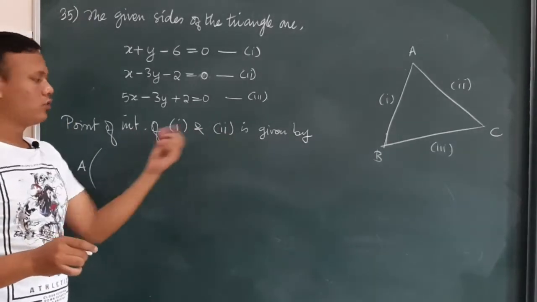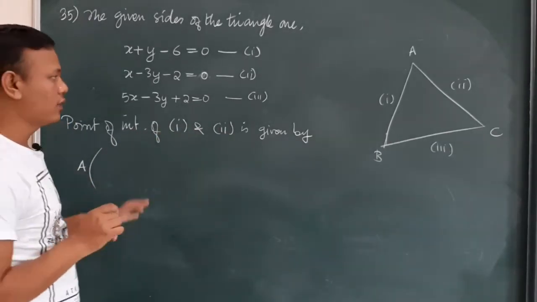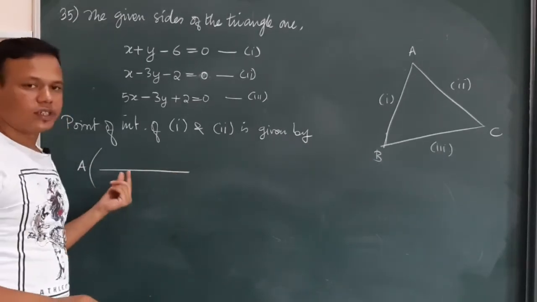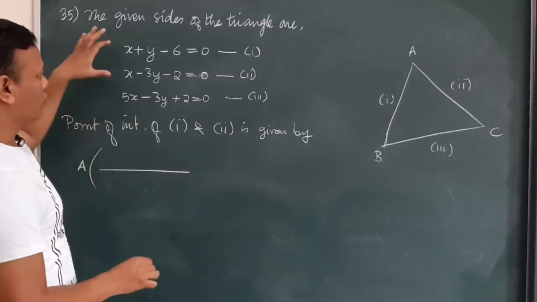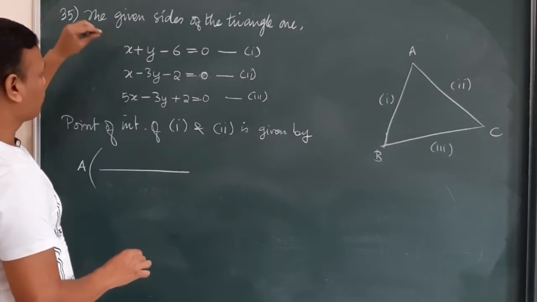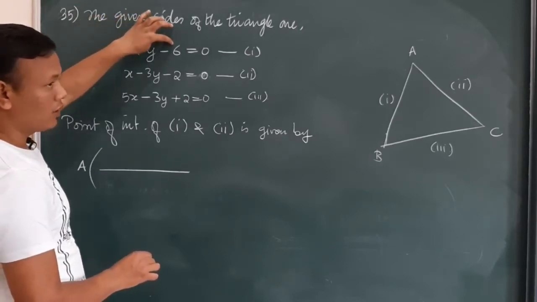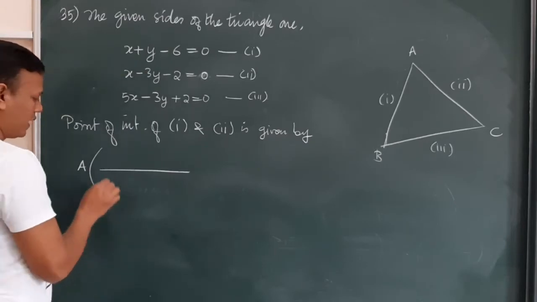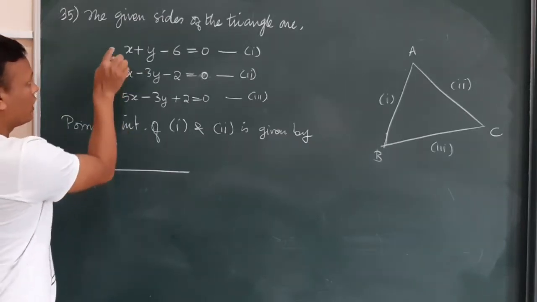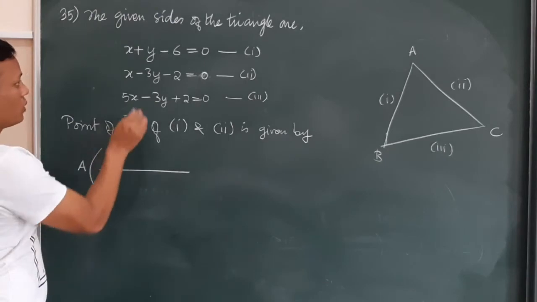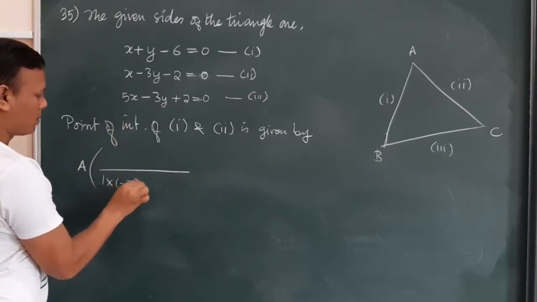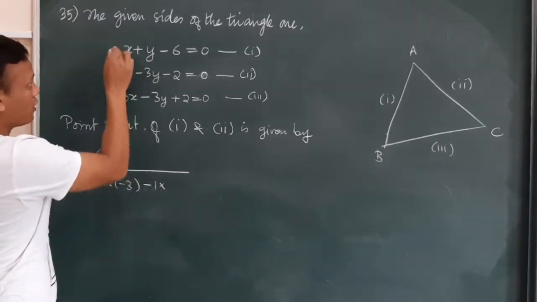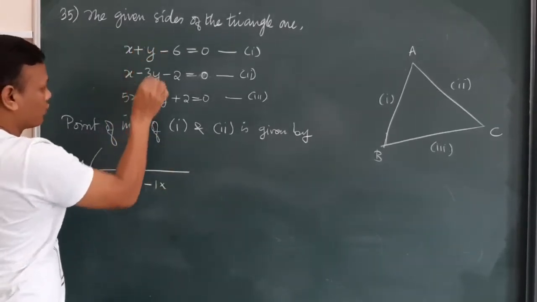Point of intersection of 1 and 2 is given by A, and here the formula says, so let me write the denominator first. This denominator contains A1, B2, so we are talking about only these two. So this is my A1, B1, C1, A2, B2, C2. So the denominator says A1 B2 minus A2 B1. A1 is 1 into B2, B2 is minus 3, minus A2, A2 is 1 into B1, B1 is 1 out here.